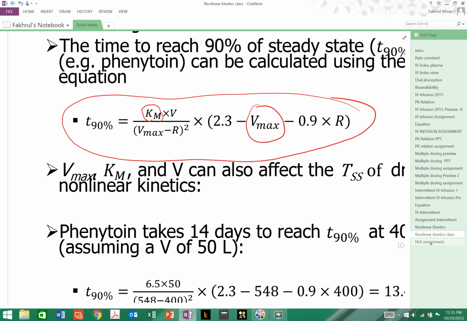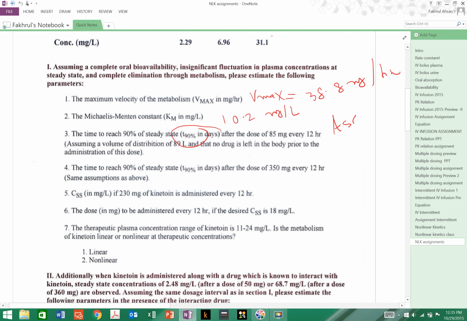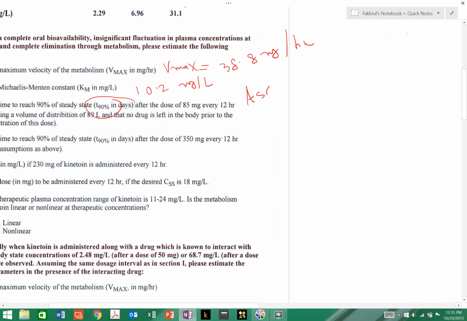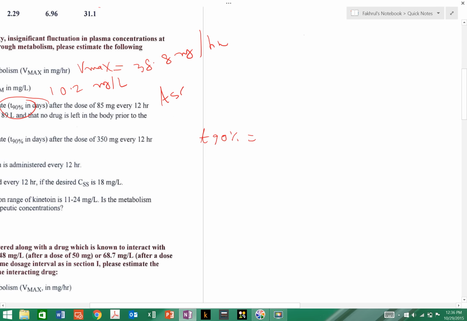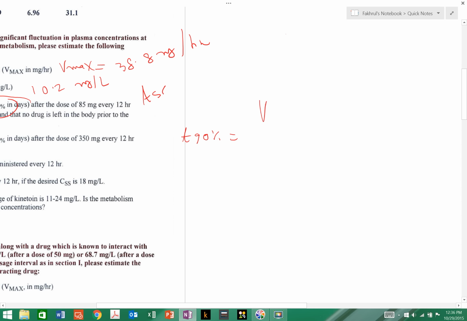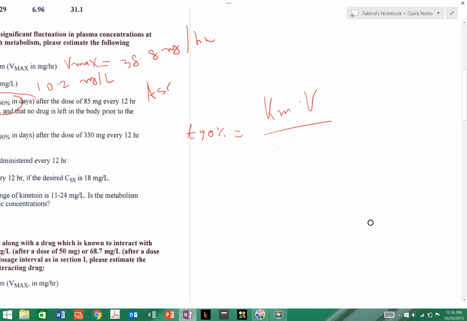So now if you go back, let's write down this equation. T90% is equal to Km times V divided by (Vmax minus R) squared, times 2.3 Vmax minus 0.9R.